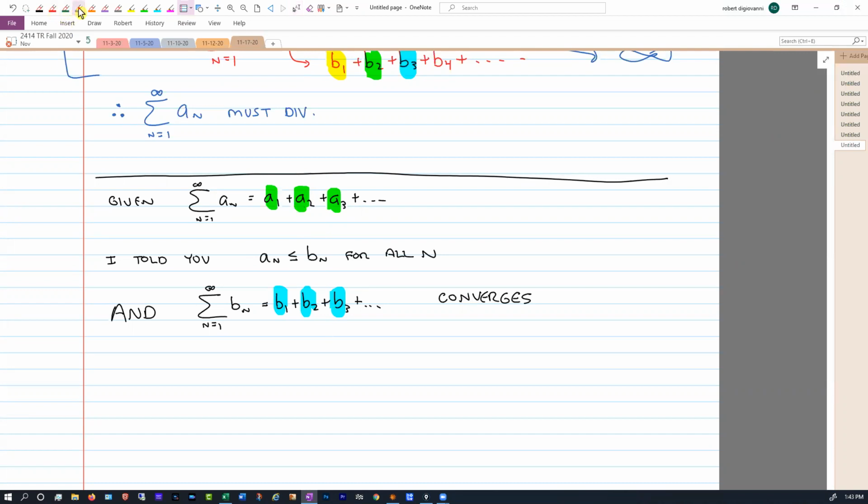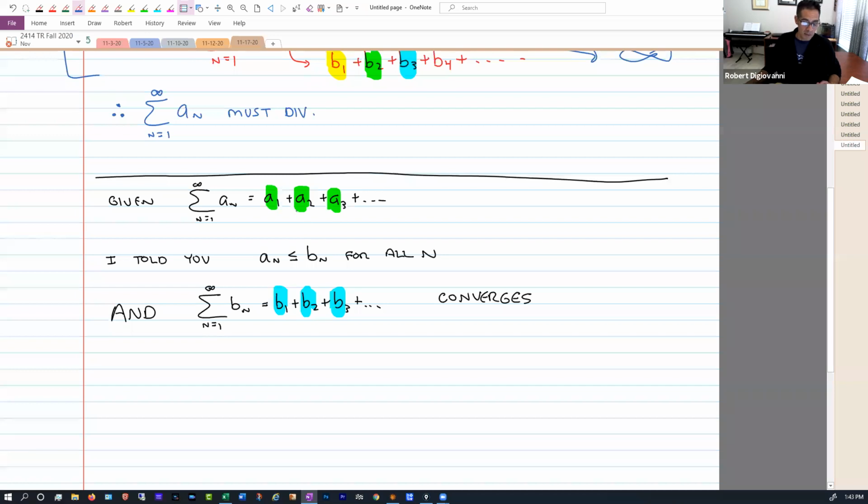Okay, so one of the conditions here is that these are positive. I haven't thrown that in, but very good observation. We do have to assume that these are all positive numbers, because if you did have negatives, this would not be true. So then you would say, therefore, the original series would converge.